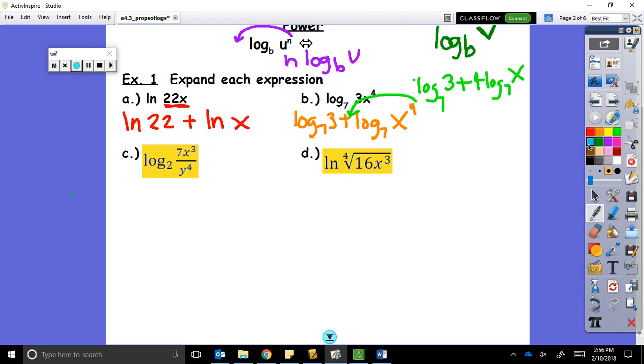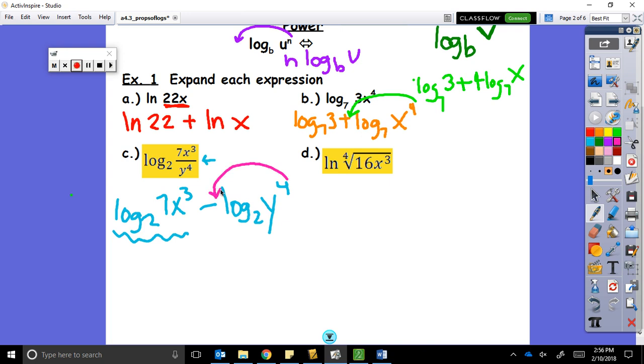So the first thing that I'm going to do is pull apart this division right here. So log base 2 of 7x to the third minus log base 2 of y to the fourth. Okay? Now I'm going to have to pull this part apart because there's more stuff, and then of course the 4 has got to come out in front of my log.